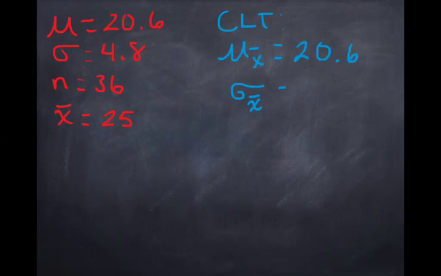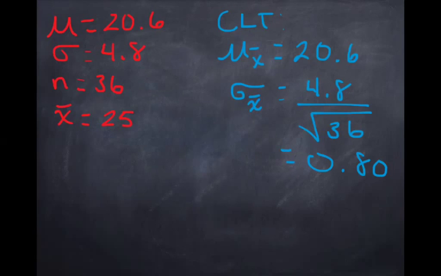Standard deviation for x bar is going to be the population standard deviation, 4.8, divided by the square root of our sample size, 36. And so I believe if you calculate that, you get 0.8. And then we had a random sample. This is a fairly large sample size, and so the shape is going to be approximately normal.